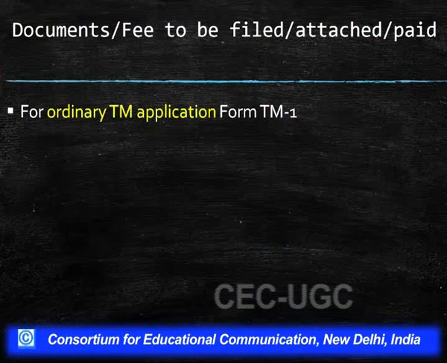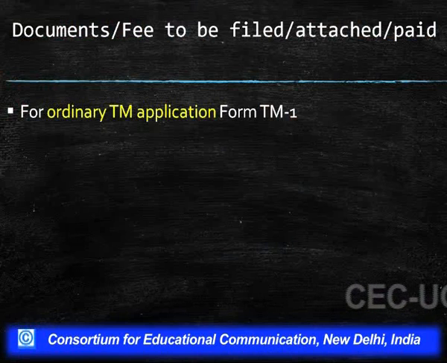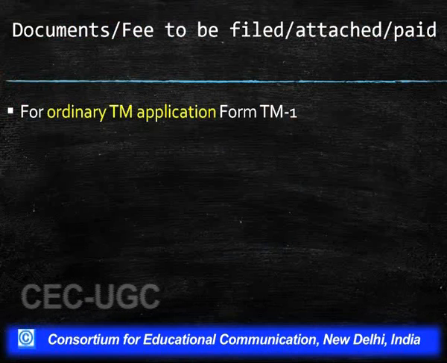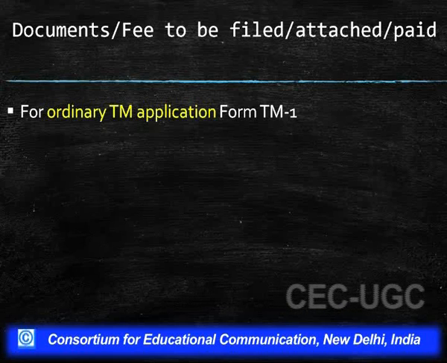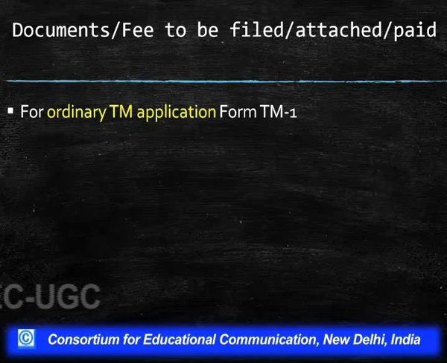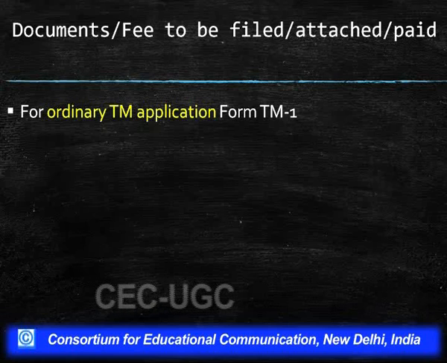Well friends, for an ordinary trademark application, form trademark 1 has to be furnished by the applicant. I have highlighted this important point. What does an ordinary trademark application mean?